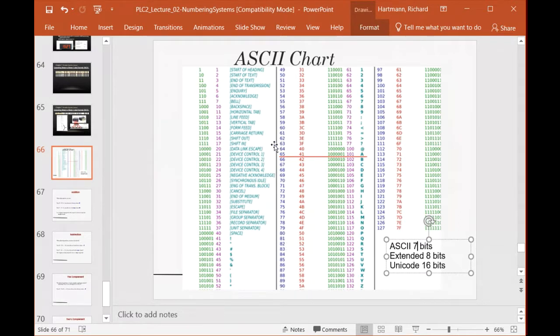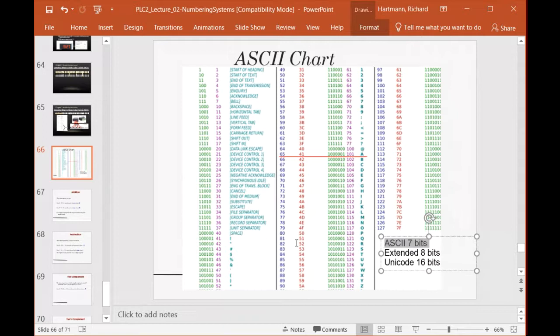But what they did was they said, well, that works all great and fine, but when we try to incorporate some other languages, like German or Russian, we don't have enough characters, or even Greek, like the Greek characters alpha and beta. We didn't have enough.